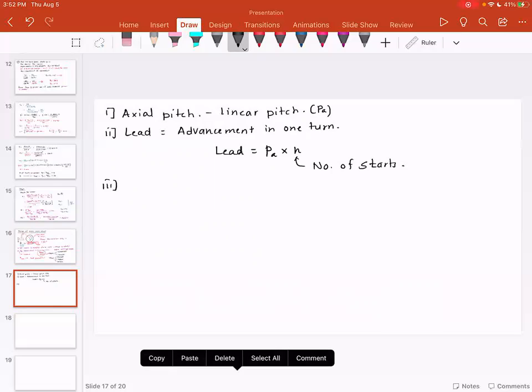So helix angle, sometimes also called the lead angle, is equal to tan inverse of lead of the worm divided by pi times diameter of worm.